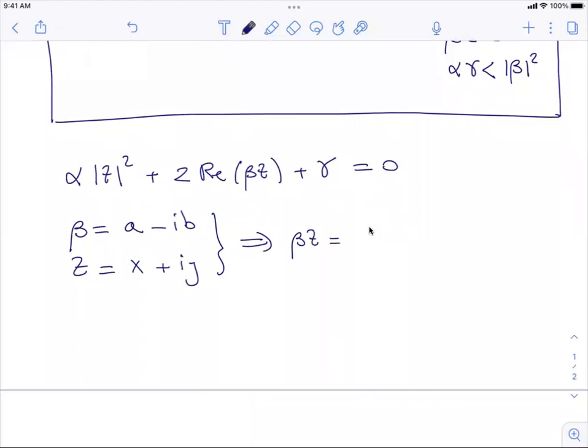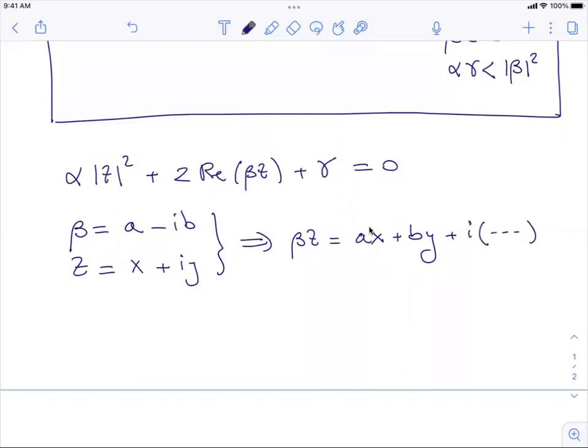beta z is going to be ax, and then the other real term is going to be by times minus i squared, which is plus 1, so this is plus by. We can continue, but this is plus i and then more terms.